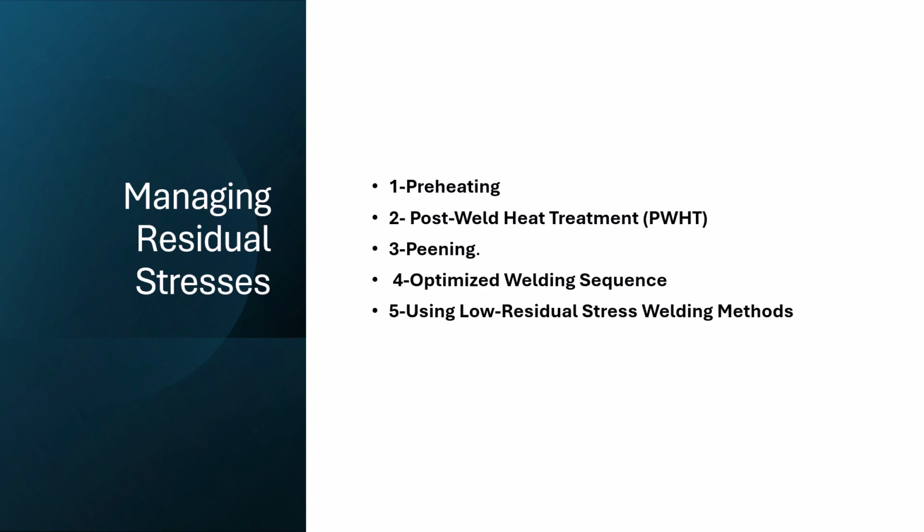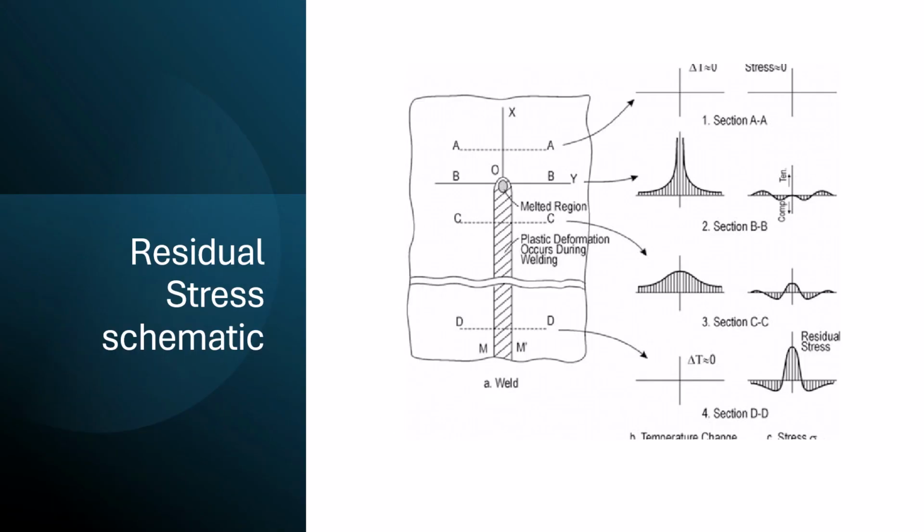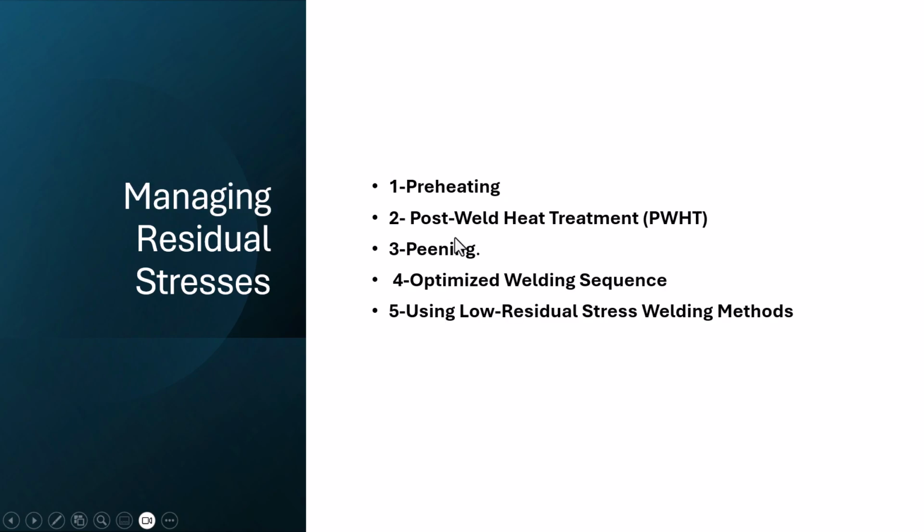The third one is peening. Any process that creates a negative stress, like this one, is in our favor. We don't like tension, so we want compressive stresses, so we would like any process like peening.